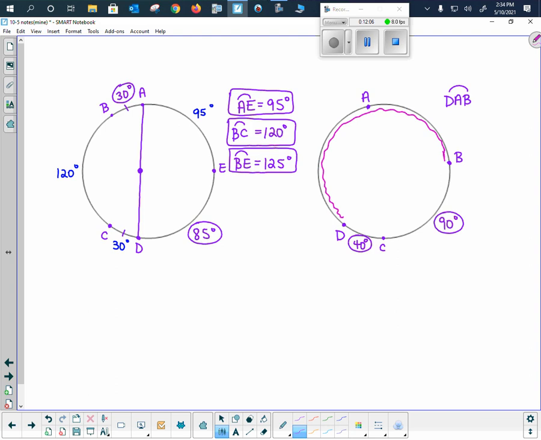And how much is it all the way around the circle? 360, right? So for what's left over, don't I just need to take 360 minus the 90 and 40 that have already been used up? 90 and 40 is what, 130? So DAB is going to be 360 minus 130, if you will.